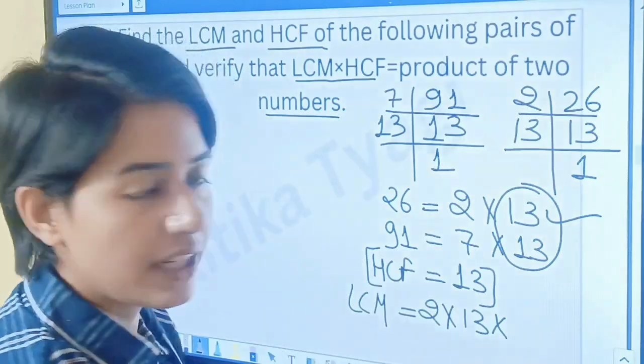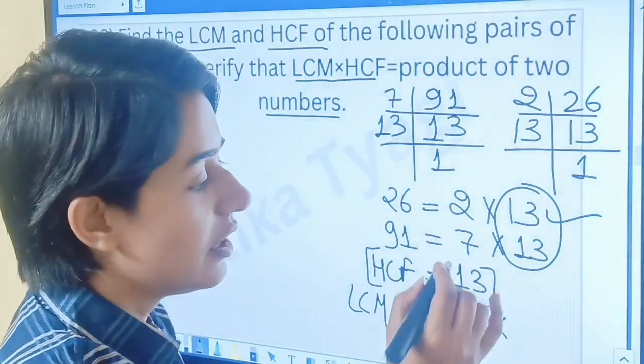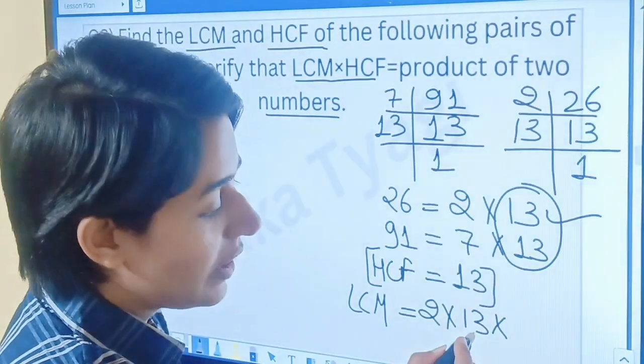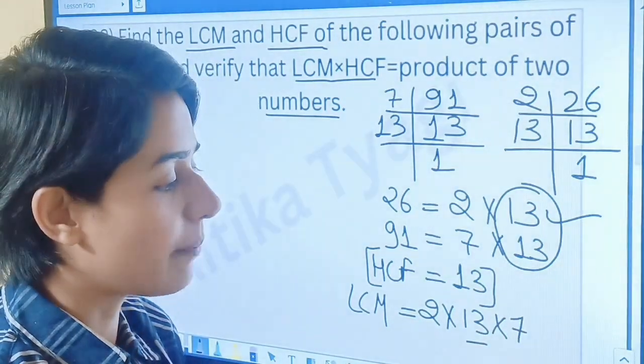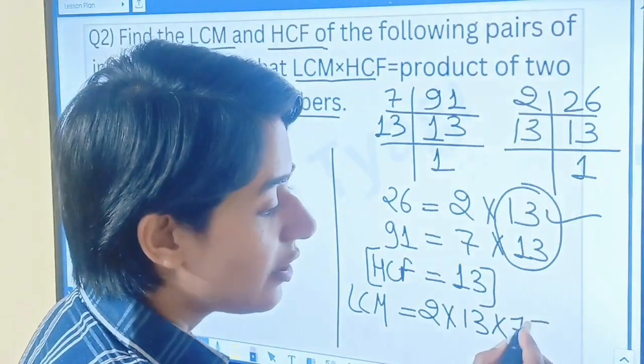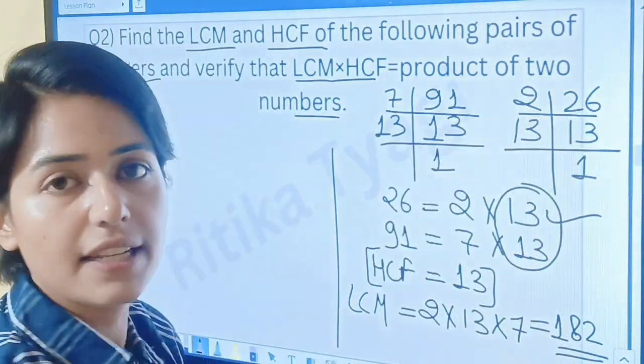Now in the factors of 91, we have to choose the number which is not included already. So here 7 and 13 are present. 13 is already here, so 7 we have to multiply. And finding their product, we get 182 is the LCM of 26 and 91.